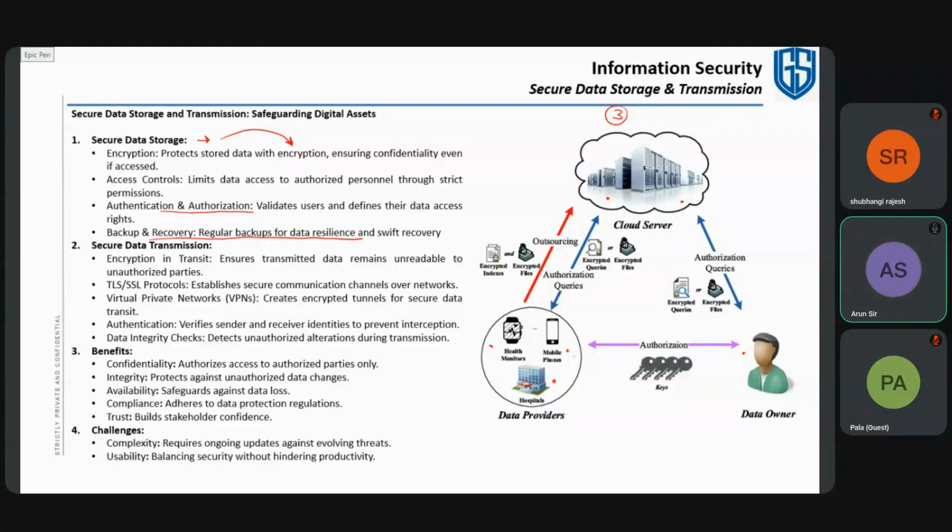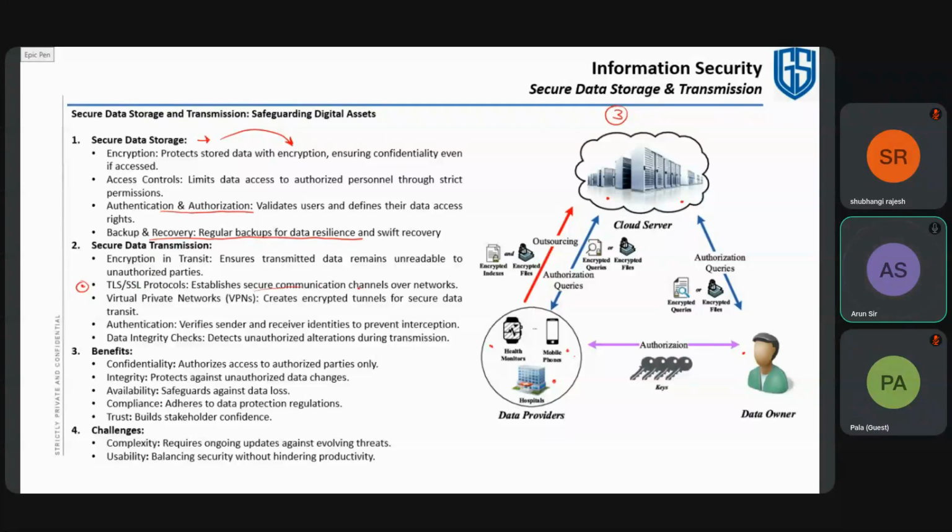Then whenever you are sending out or receiving data, again as I have said, data in transit has to be secured via the various protocols which are there. So we should always use the TLS or SSL protocol while communicating through a channel. That is called a secure communication channel.